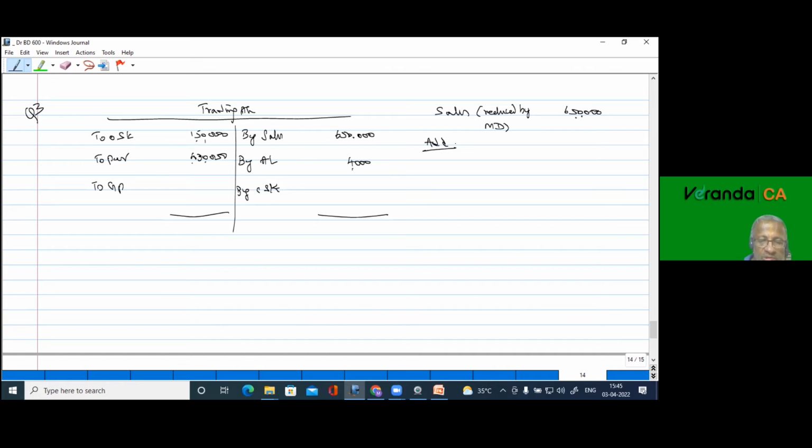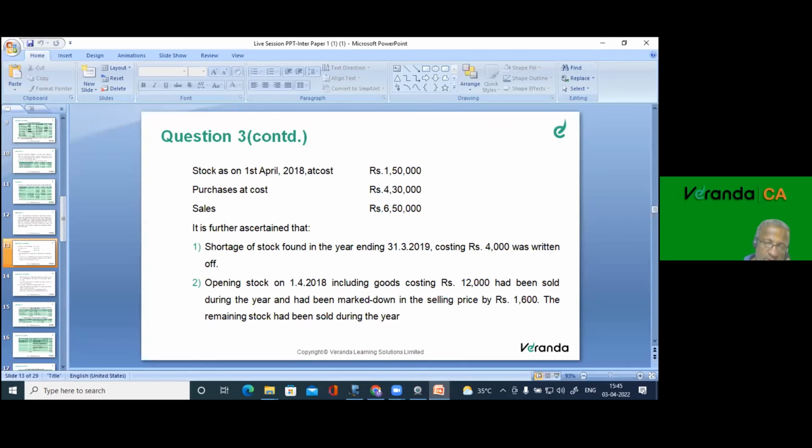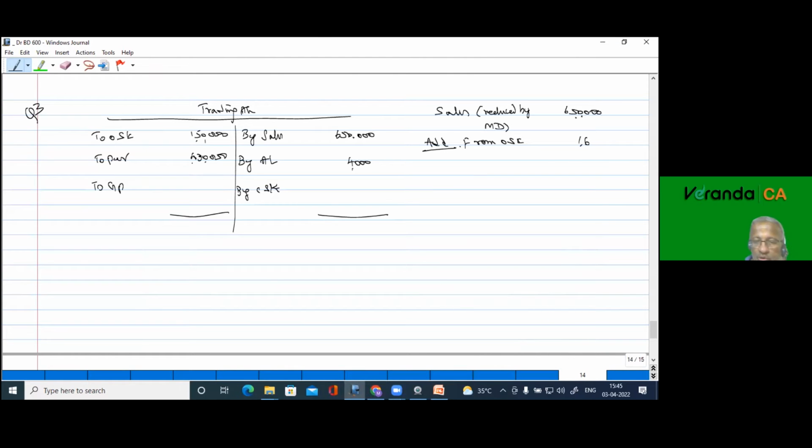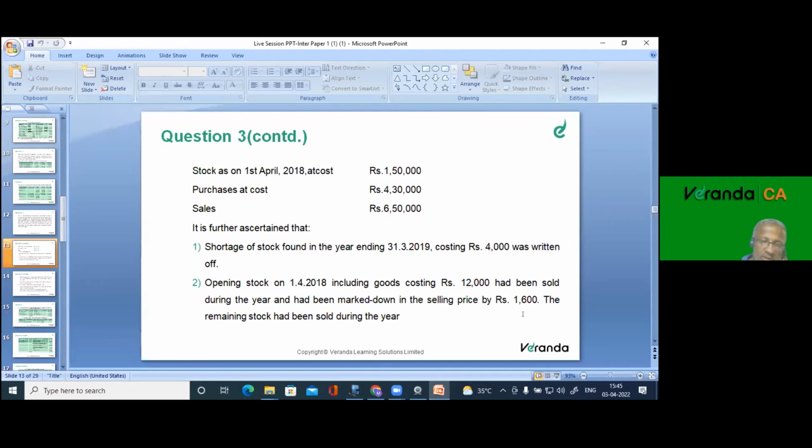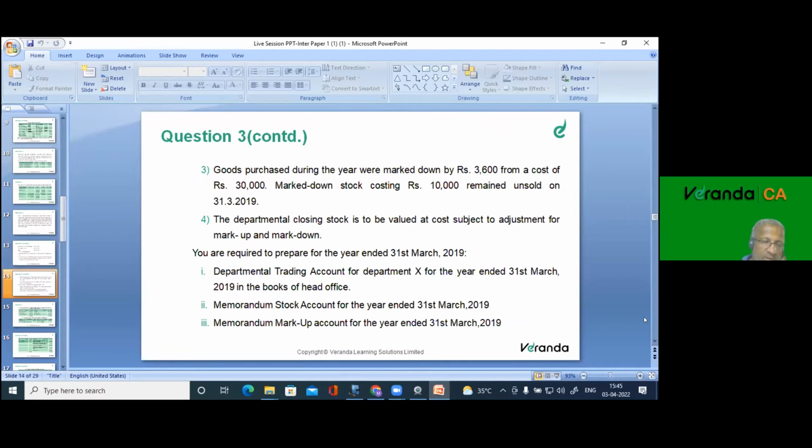So add that markdown from opening stock, 1,600. As I told you, it may be defective stock or obsolete stock. There can be a variety of reasons why they give a discount. The remaining stock has been sold during the year. That means no portion of the opening stock is left and all of it was sold.